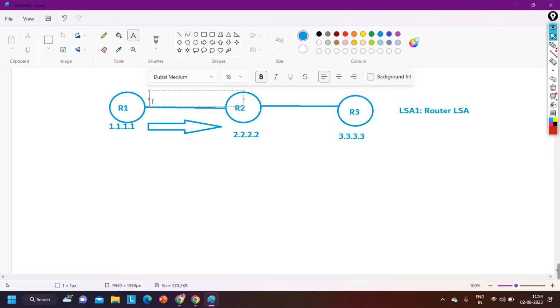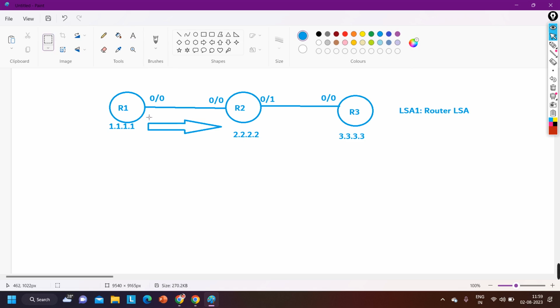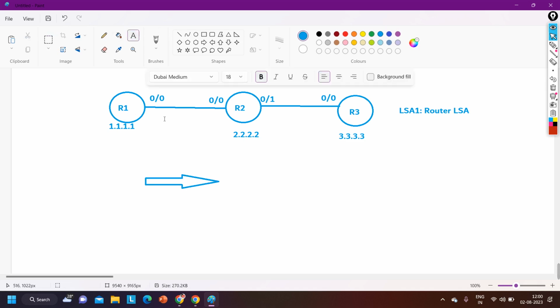Let's say these are interfaces 0/0 and 0/1. Between router 1 and router 2 I am using network 12.1.1.0/24. Between router 2 and router 3 I am using network 23.1.1.0/24.